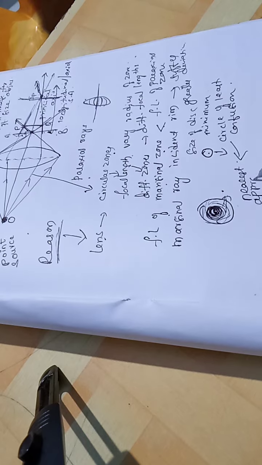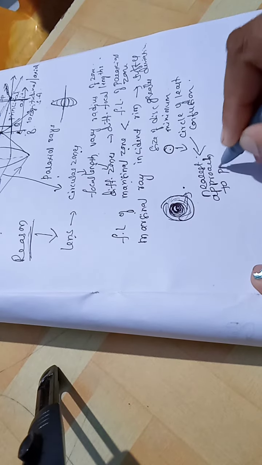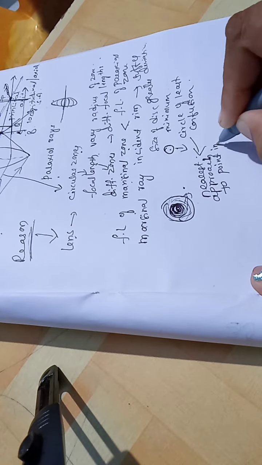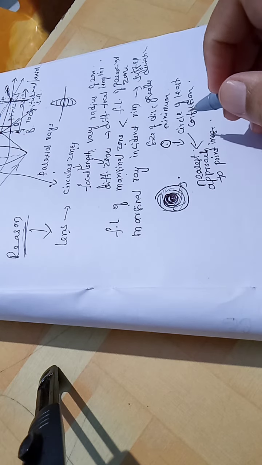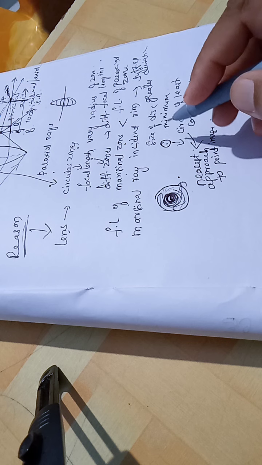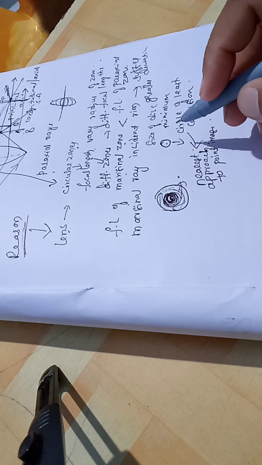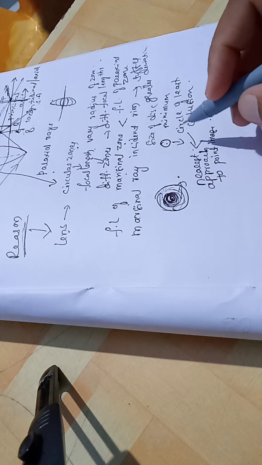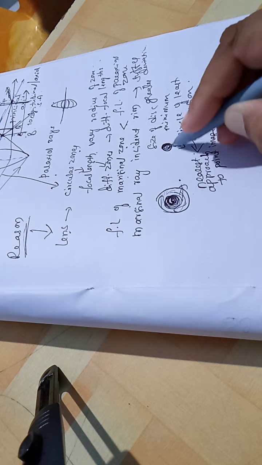And this circle of least confusion can be taken as the nearest approach to the point image. So now we can say that at point PQ we obtain the best possible image of uniform sharpness.